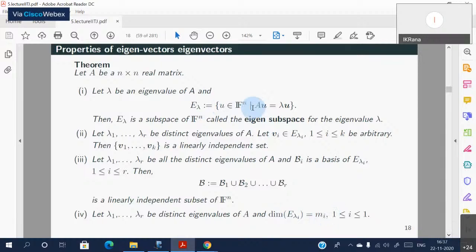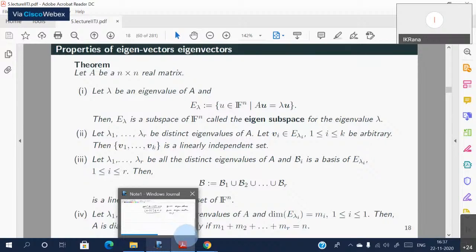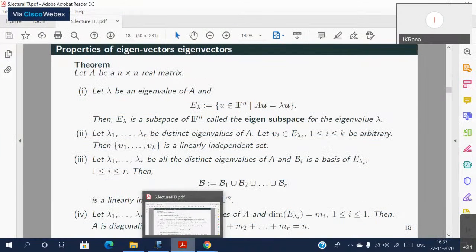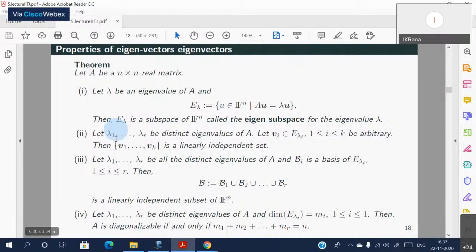In that case, we will prove, or it is easy to prove, that A is diagonalizable. What does that mean? We'll look at what diagonalizability of A means. So we'll explain these things one by one.